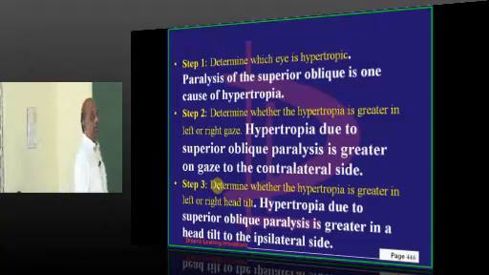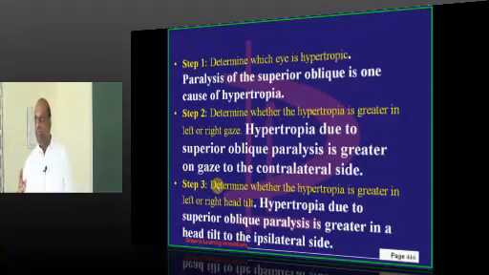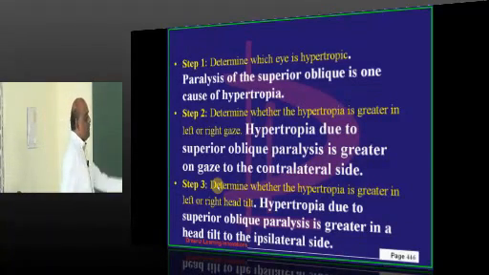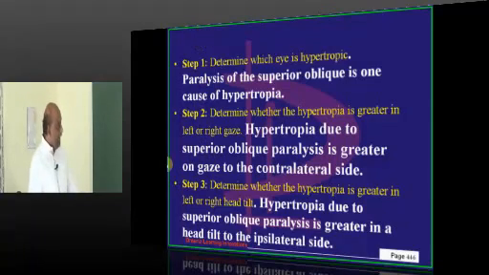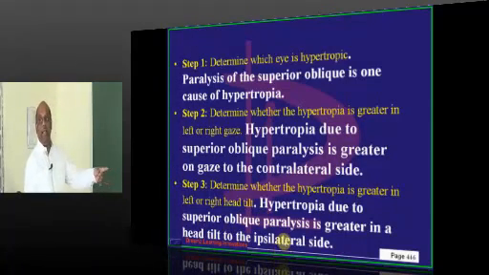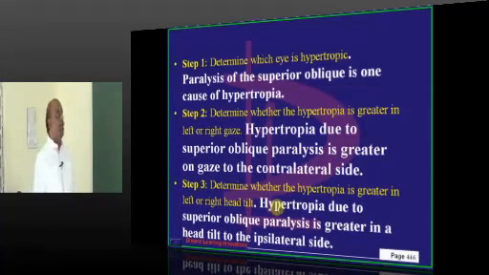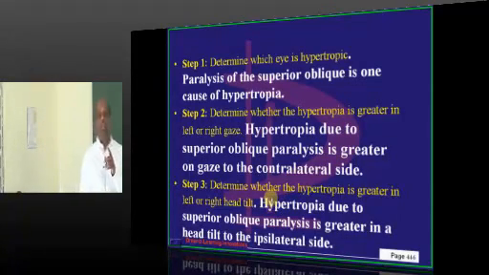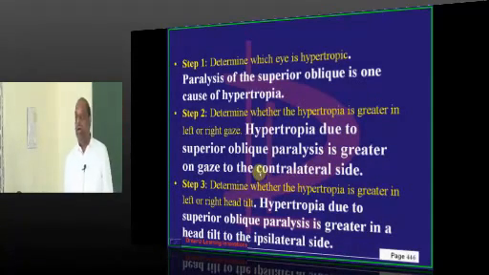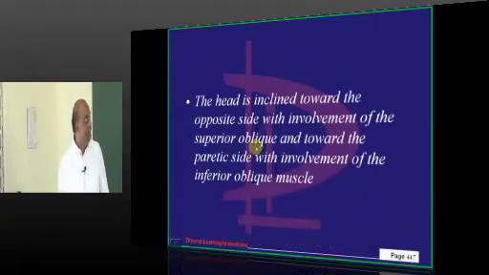Then head tilt. Which side, if you tilt, will the hypertropia worsen? If the hypertropia is due to superior oblique, it will be greater in a head tilt to the ipsilateral side. Okay? So if you do these 3 steps methodically, you can discover whether it is superior oblique or inferior oblique, left or right.